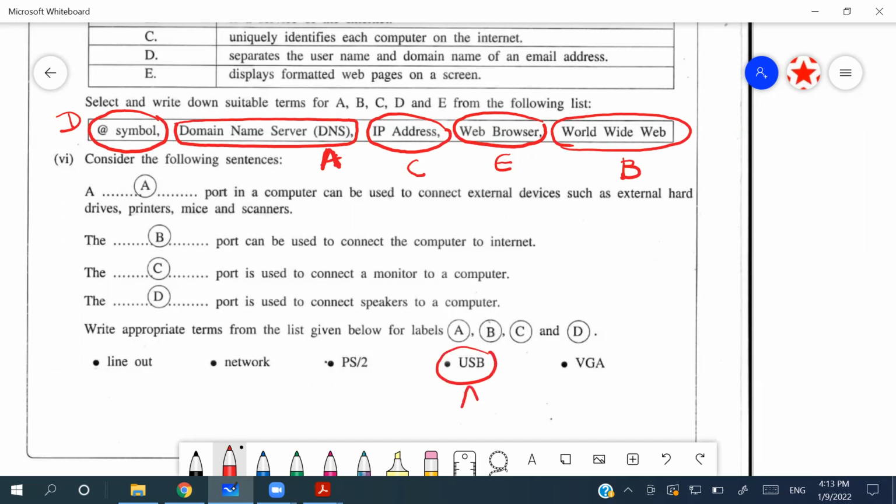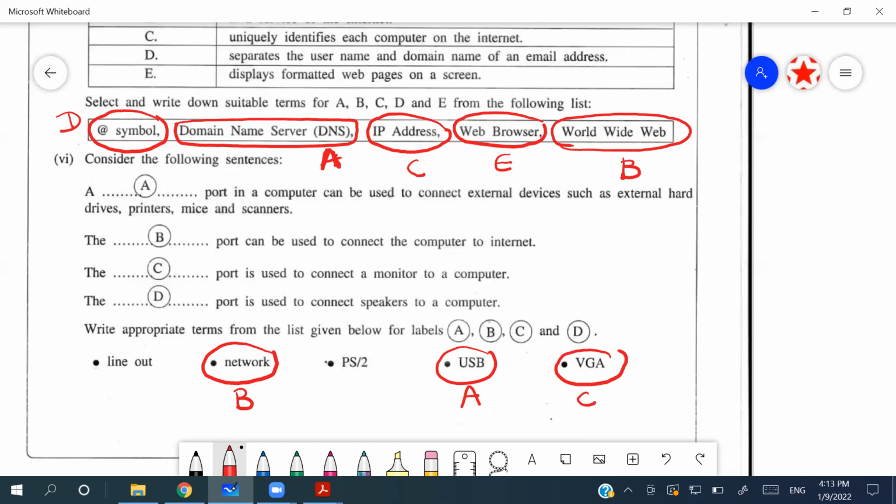So this becomes choice A. Then the blank port can be used to connect the computer to the internet. Yes, the network port will help us to connect the computer to the internet. C says the port is used to connect a monitor to a computer, definitely the VGA, right? So this is going to be C.